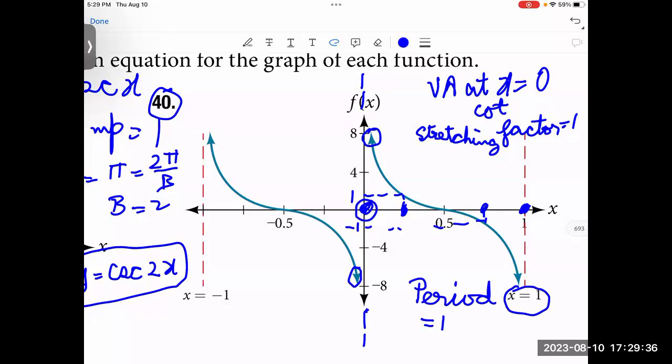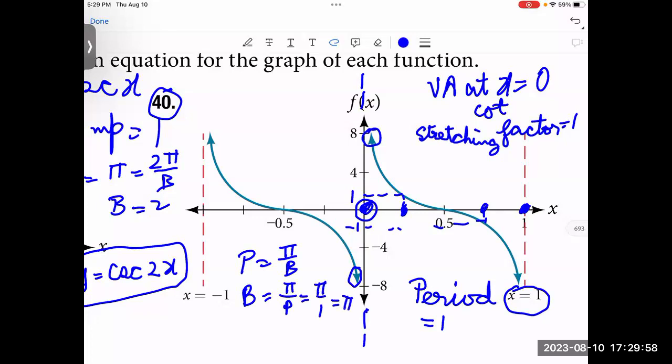And that means b, for the cotangent function or the tangent function, the period is pi over b, which means b is pi over the period, or pi over 1 in this case.